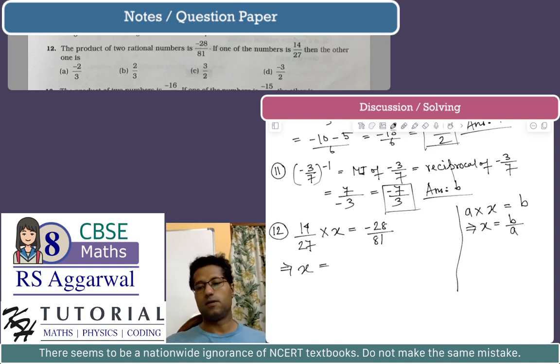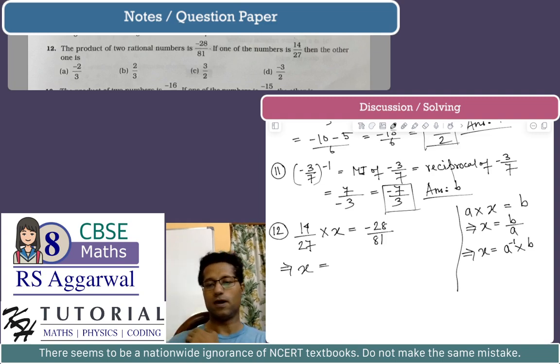Alternatively, you can also think of it this way, that x will be equal to the multiplicative inverse of a multiplied by b. So x will be whatever you have on the right hand side, that is b, multiplied by the multiplicative inverse of the coefficient of x, that is a inverse.